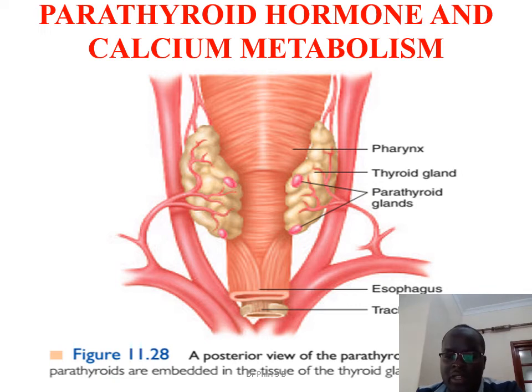You have two on the superior aspect and two on the inferior aspect of the thyroid gland, but behind it. So you can appreciate the anatomical location of the parathyroid gland.